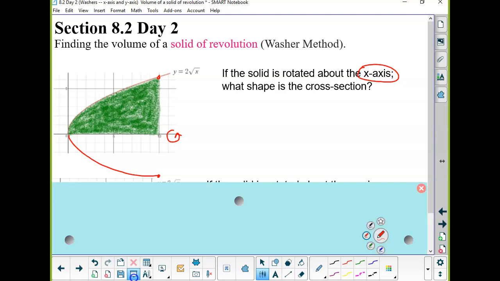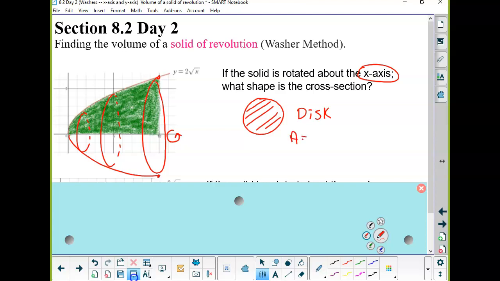And then if I rotate these points, you can see the cross-section shape is a disk, right? And the area formula for that disk is just pi r squared, and all we need to know is the radius. And the radius will be written here in terms of x, which is right there.